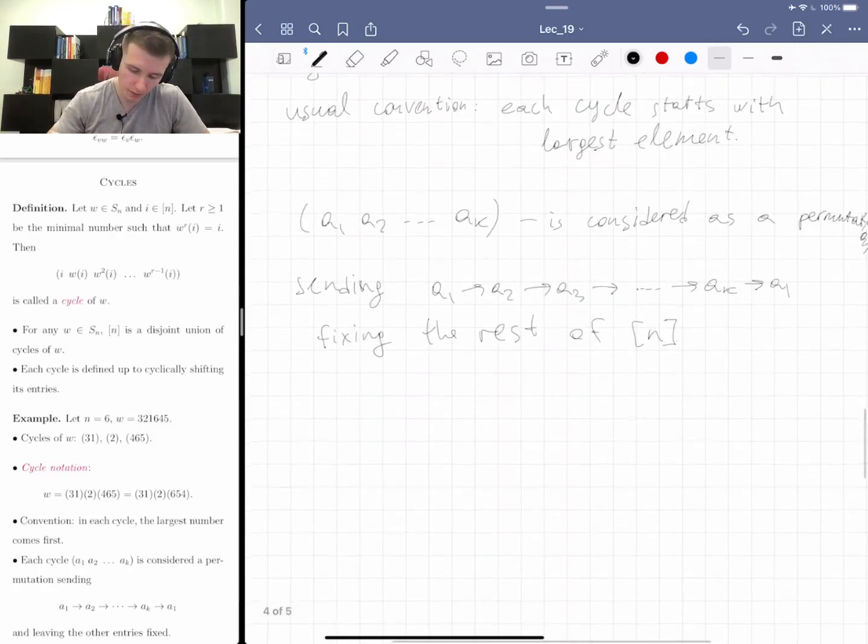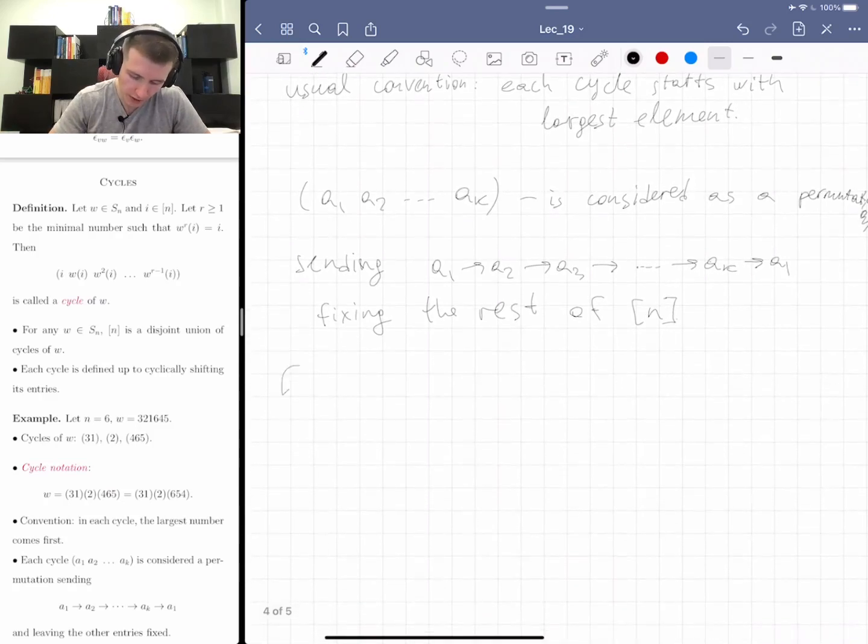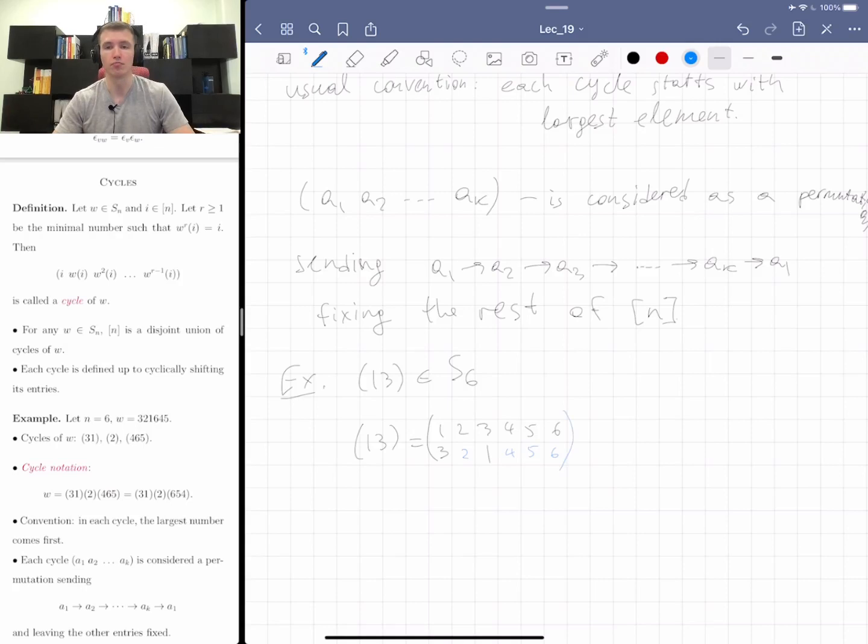So in other words, if I have, for example, a permutation (1, 3) as an element of S6, then in two-line notation it is given by 1, 2, 3, 4, 5, 6. I'm going to send 1 to 3, 3 to 1, and then I'm going to fix the rest of the elements.